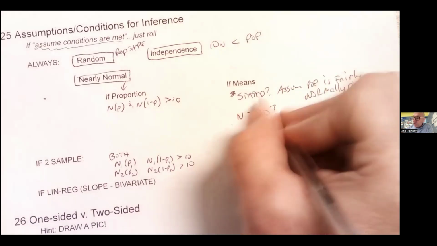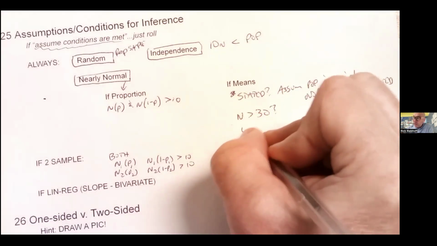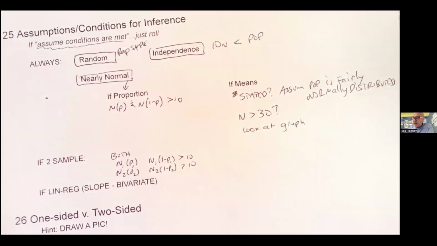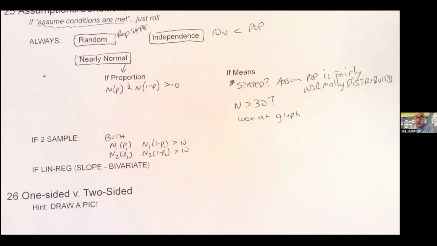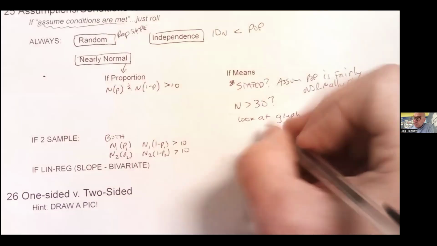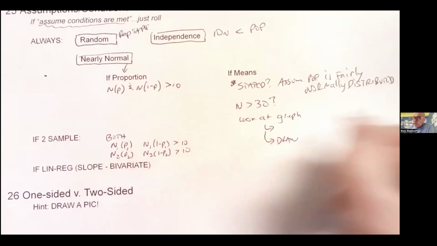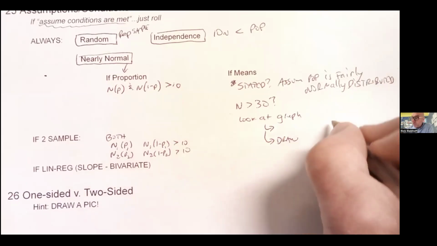If neither of these work, we need to look at the graph, right? We either need to create it or we need to draw one, right? So if it's already there or we have to draw it, we are looking for, does it look fairly normal?